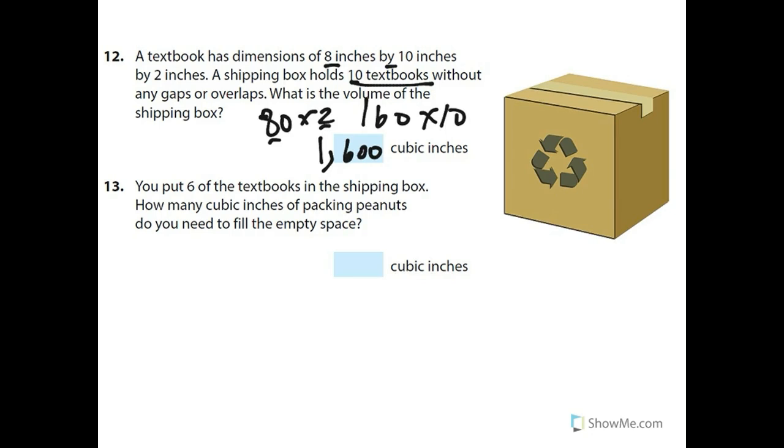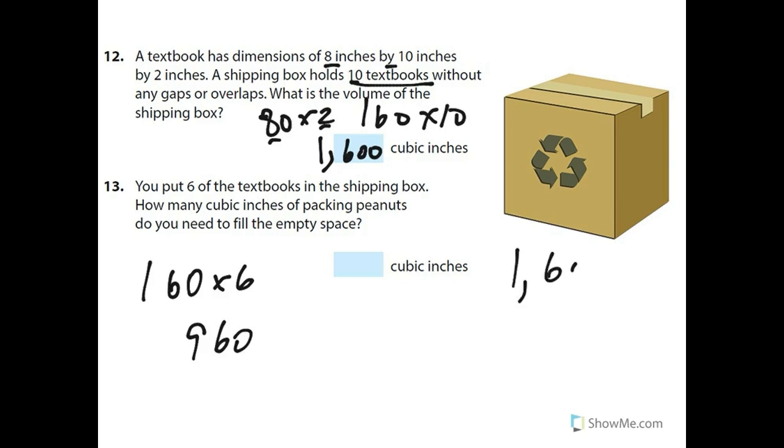So the empty space, so 6 textbooks. So 160, I'm sorry, 160 times how many? Times 6. So that's going to be 960, and then what do we need to do?